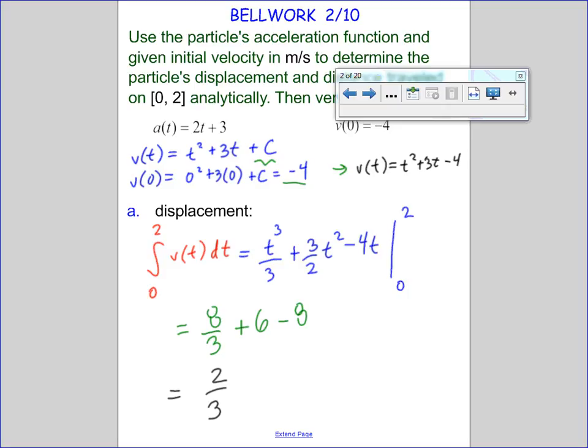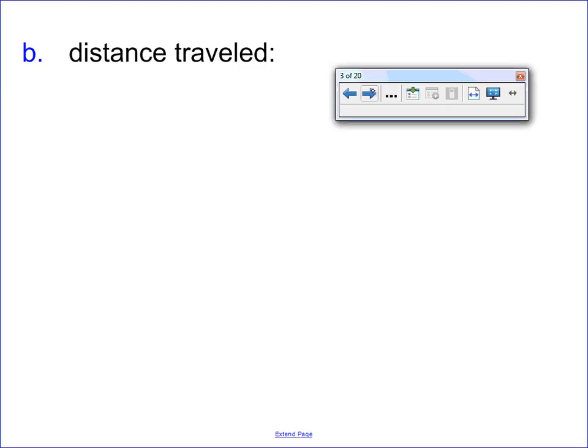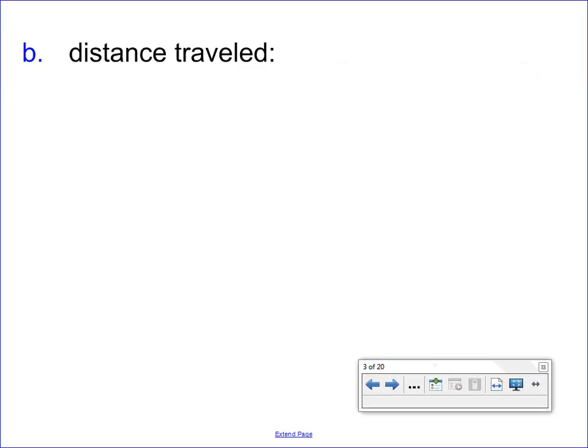Hey, that's great. What is the difference between displacement in letter A versus distance traveled in letter B? So what's the difference there? Vivian? Certainly. So in order to find the distance traveled, any directional movement towards the left needs to be counted as a positive contribution towards the distance traveled, versus displacement, where it was counted as a negative contribution.